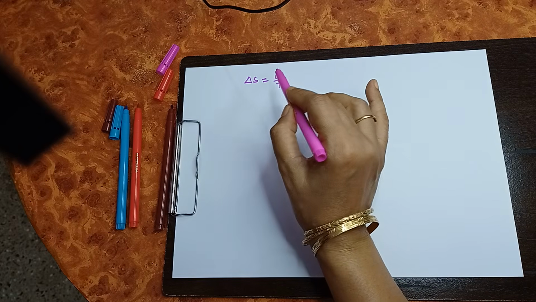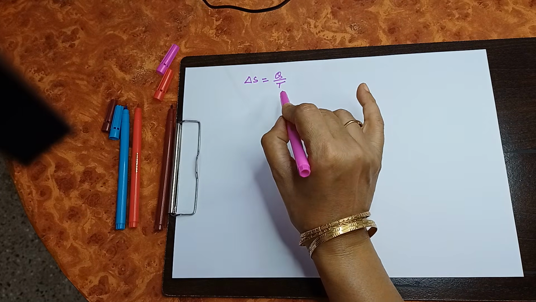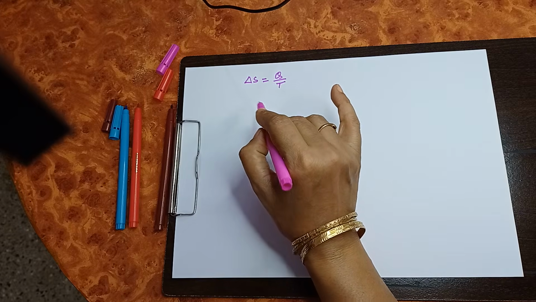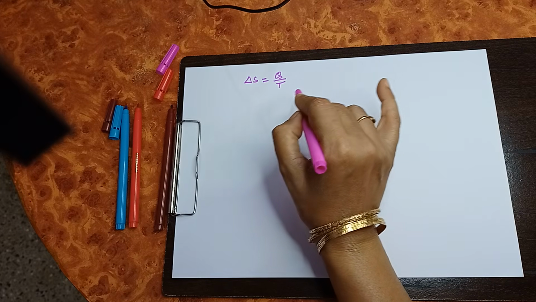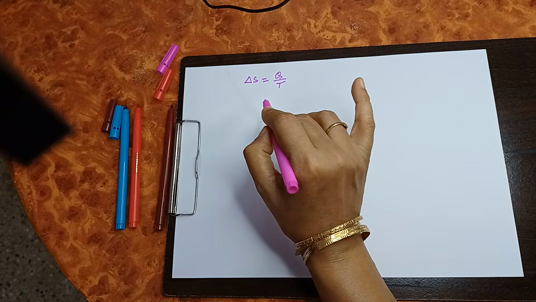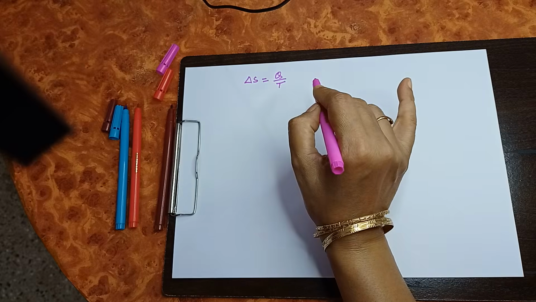Why reversibly? Because this formulation of entropy has been derived from the Carnot cycle, where all the steps are reversible. And isothermally, because heat exchange occurs in the isothermal process.